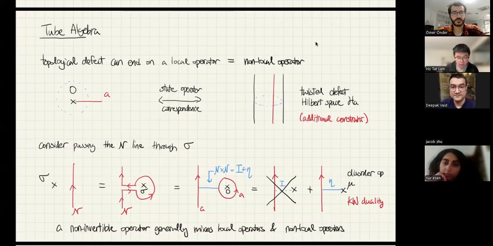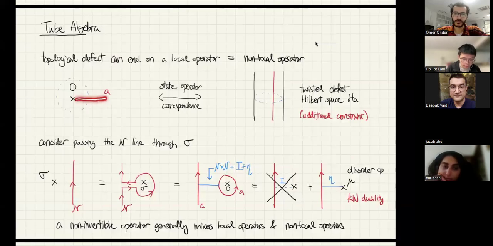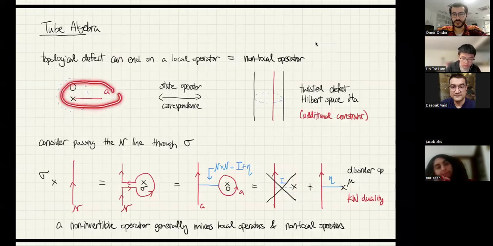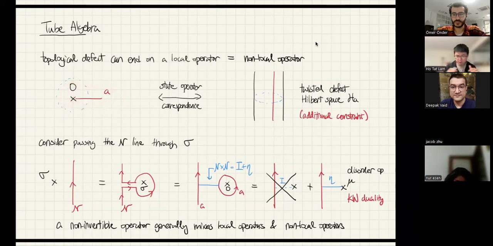If we have a topological defect, we can also let it end somewhere, for example on a local operator. As a result, we get a combined object, which should be some kind of non-local operator. Say I have a line A ending on the operator O. You can ask what is the physical meaning of this operator O.